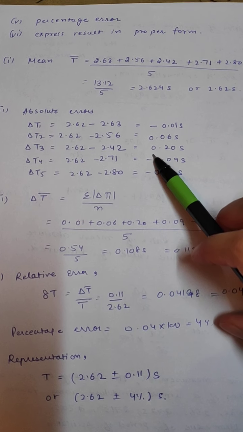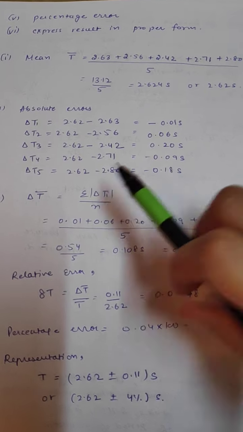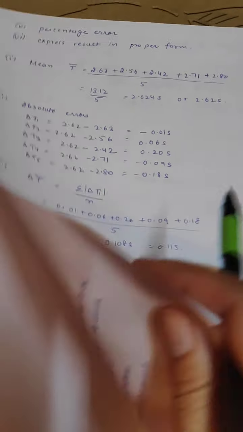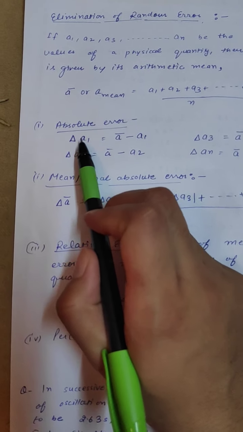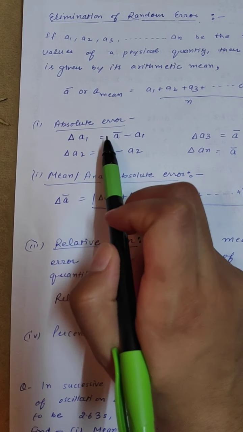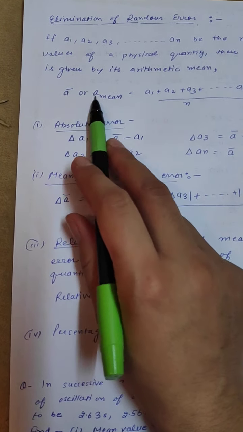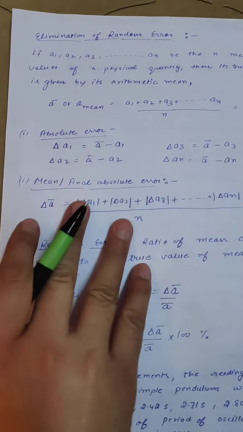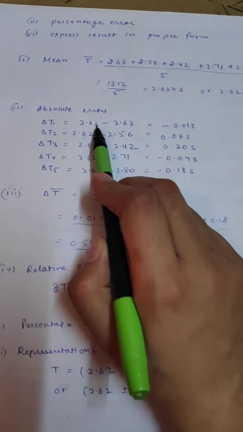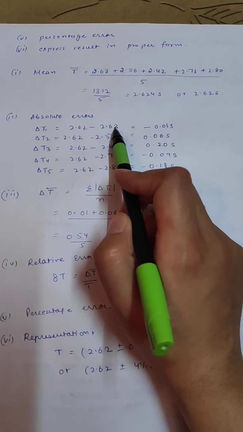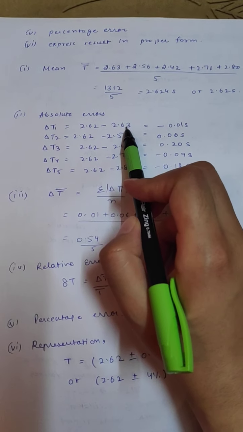Now the next step is to find the absolute error. How to find the absolute error? You will write delta A1 is equal to A mean minus the first observed value. So I have written here delta T1 is equal to, this is my mean, 2.62 minus the first observed value, that is 2.63.